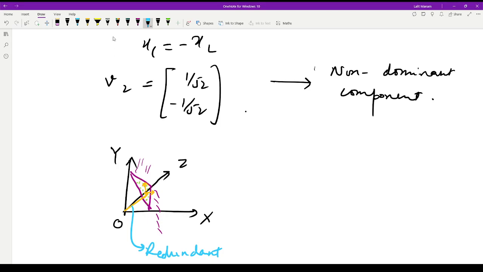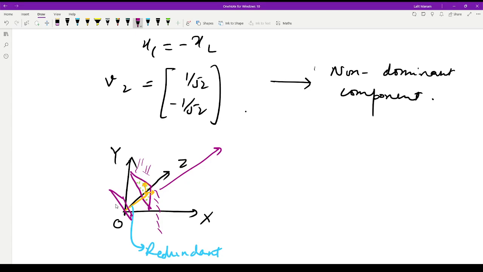So then the whole plane will lie here, and we won't have any component like this, right? So for instance, if this plane is going very far away from the origin, then this is an unnecessary dominant component which is not required for our case because we know that the whole data lies on a plane.